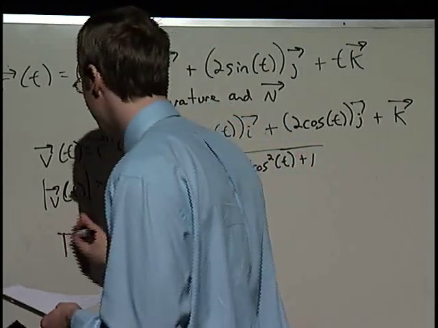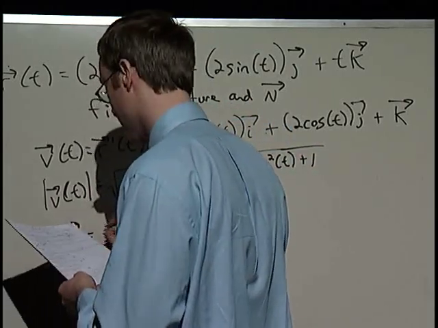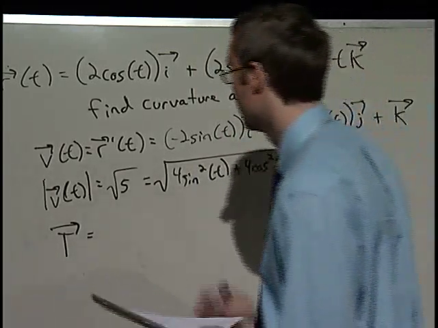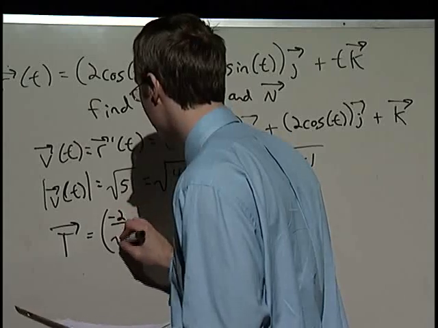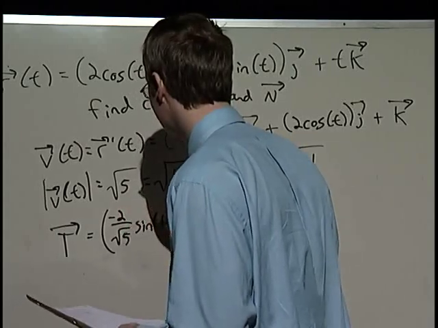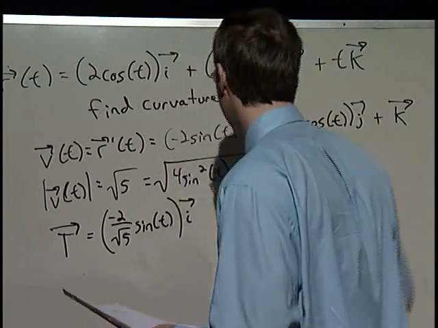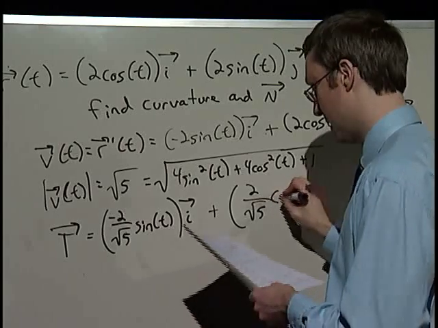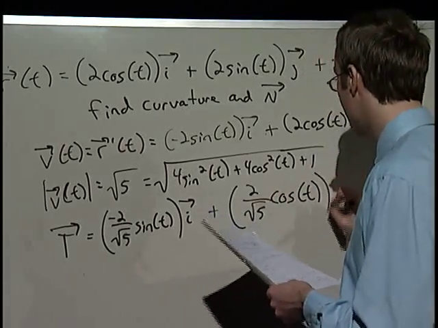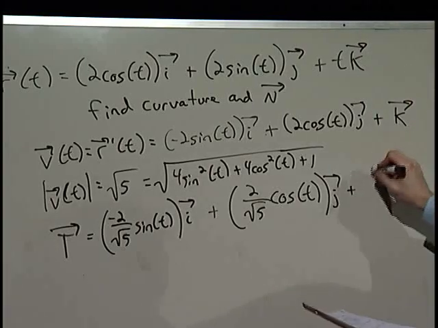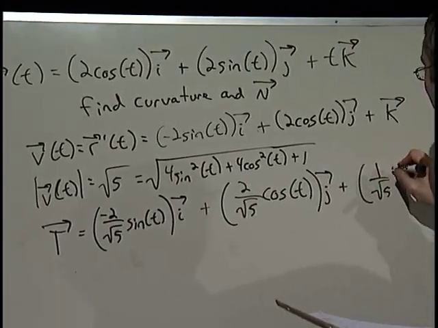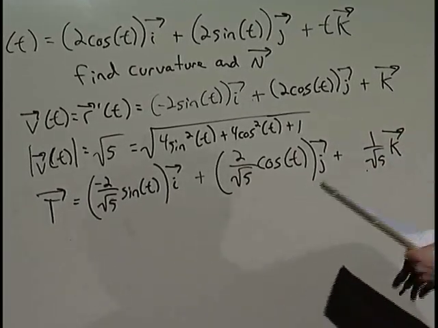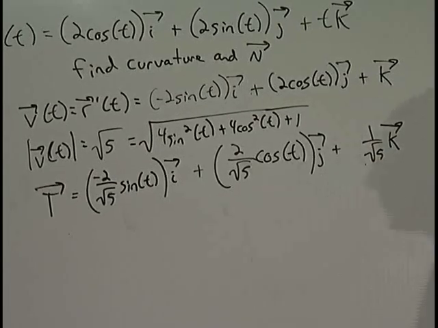Now we also need T, as in capital T. So capital T is v divided by its length. So we're talking negative 2 over root 5 sine t i plus 2 over root 5 cosine t j plus 1 over root 5 k. All right, looks good. We also need T prime.